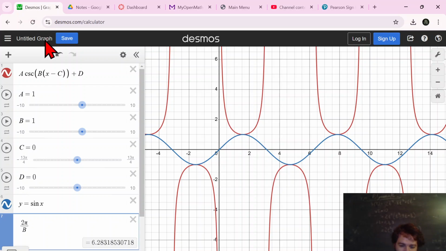Also recall that you do not have a secant or cosecant button on your calculator, so you have to enter those as 1 over sine or cosine.